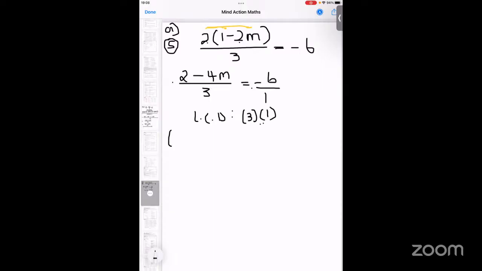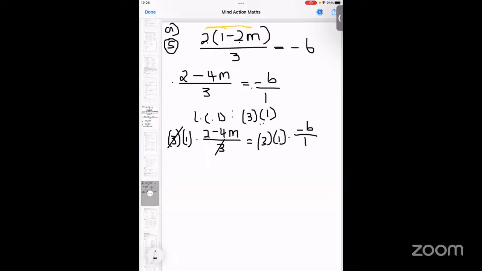So maybe let me not take shortcuts: that 3 over 1 will multiply the fraction (2 minus 4m) over 3, which is equal to, again, that same thing multiplying the fraction of negative 6 over 1, just so that these can cancel with that.